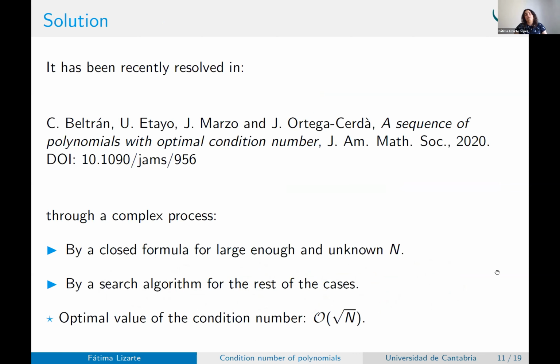Well, our problem has been recently solved by Carlos Beltrán, Ujué Etayo, Jordi Marzo, and Joaquín Ortega-Cerdà in a peculiar way: by a closed formula for large and unknown n, and by a search algorithm for the rest of the cases. The solution can be found in this reference. The closed formula is an enormous formula, and the idea of the search algorithm is the following. We enumerate rational zeros and generate polynomials with them.